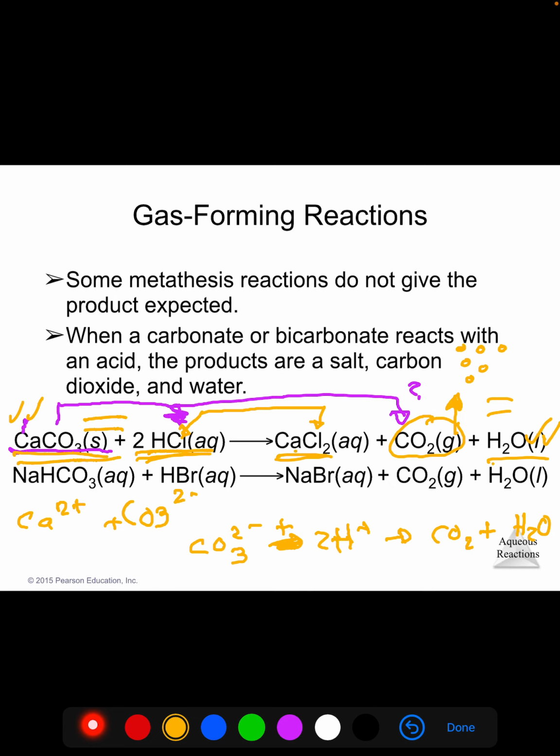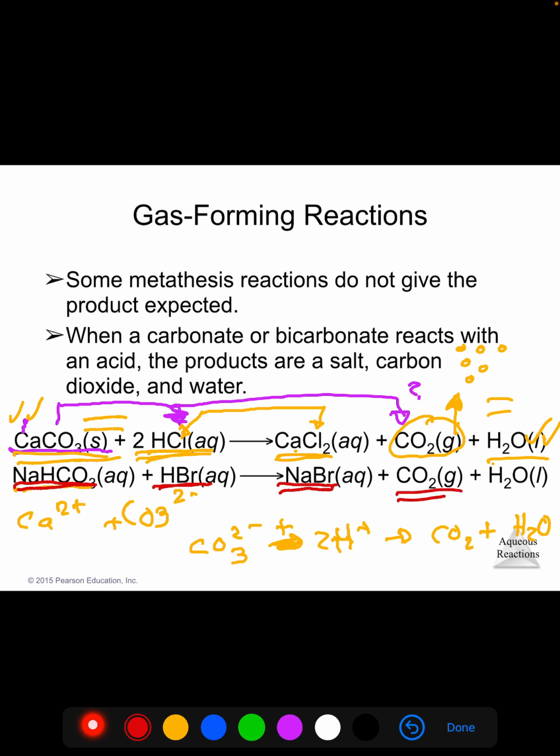Now, here's sodium bicarbonate, but I'm supposed to call it sodium hydrogen carbonate. You know it as sodium bicarbonate or sodium bicarb or baking soda. There is sodium bicarbonate. When I mix it with hydrobromic acid, I make sodium bromide dissolved in water, plus CO2 plus H2O.